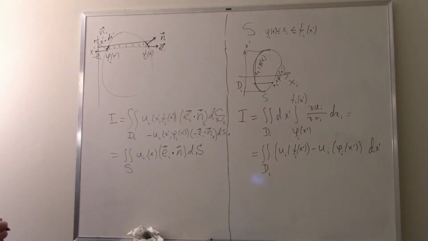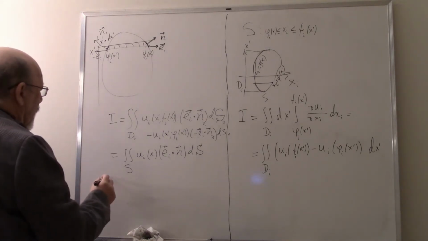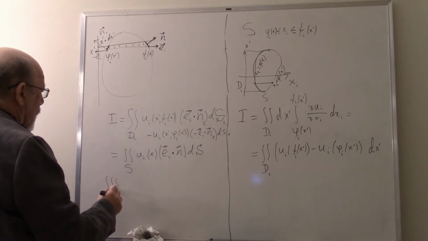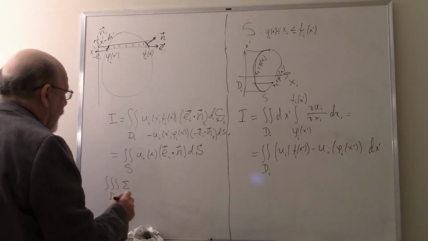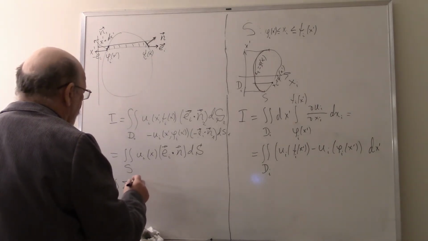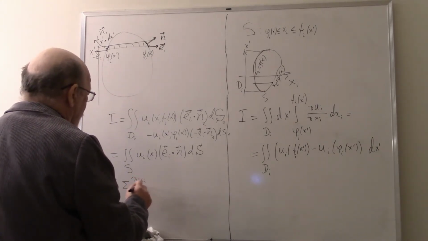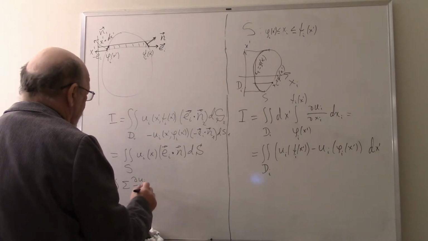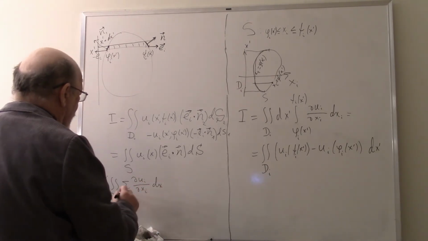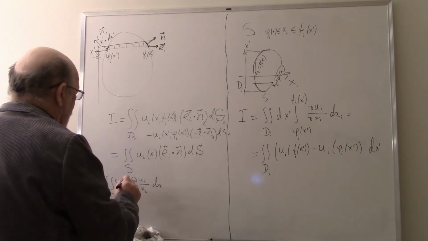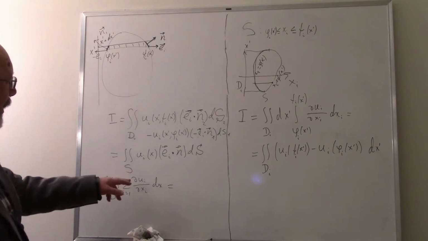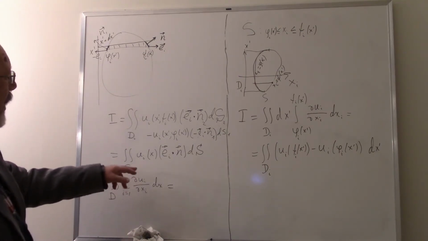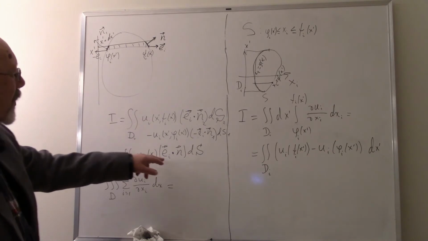After all, we have this expression: the integral over D of the sum of dui/dxi dx, i from 1 to n, equals the following. We just find the sum of these integrals over all i.